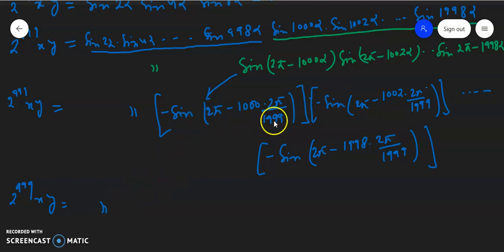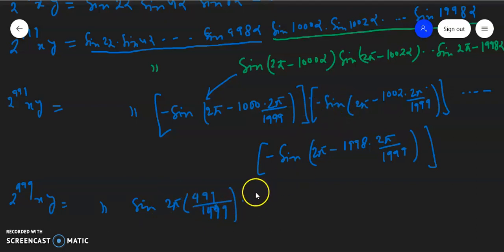The minus sign I am crossing out because of the even number of terms, and this term becomes sine of 2 pi times 1 minus 1000 by 1999, which is 999 by 1999, so 999 alpha.